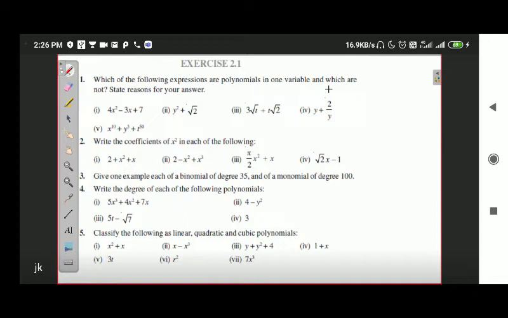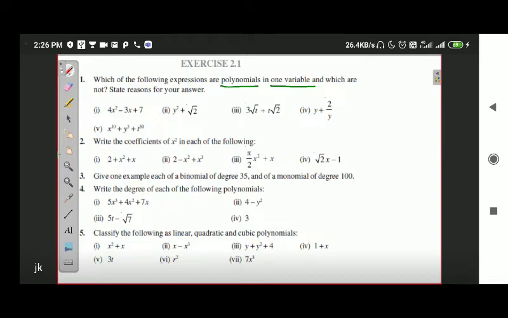Keep in mind the power of a variable is a natural number. So for the first expression we have to determine whether it is a polynomial or not, as well as a one variable polynomial. We have to check whether there are more than one variables, then it is not a one variable polynomial. If the power of the variable is not a natural number, then obviously it is not a polynomial.